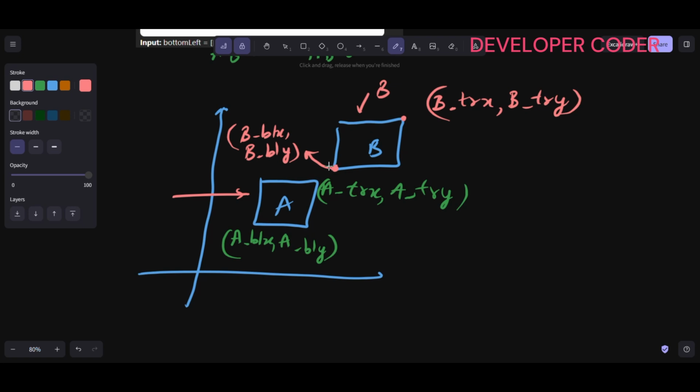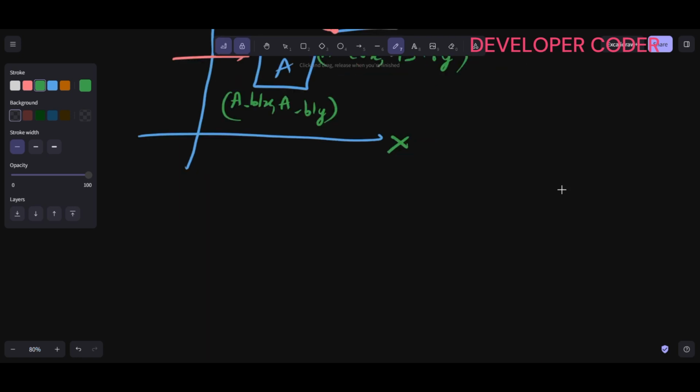But if there is no intersecting region, then we need to skip. So here, this is your x-axis, this is your y-axis. Now, for two squares to be intersecting, they may be intersecting like this.